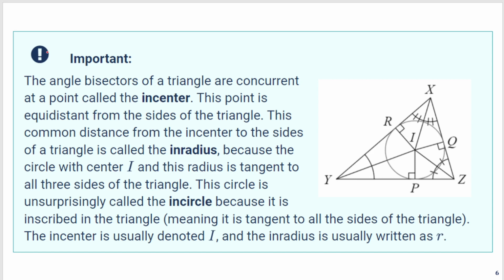You can compare this property with the circumcenter, circumradius, and circumcircle we talked about in our previous lesson. Remember that? The circumcenter is the point of intersection of the perpendicular bisectors of each side, whereas the incenter is the point of intersection of the angle bisectors. Careful with the difference.